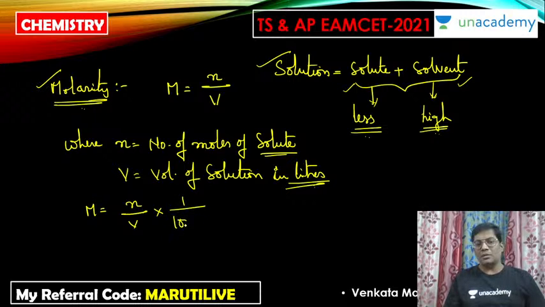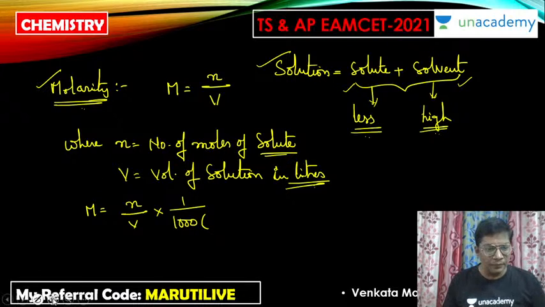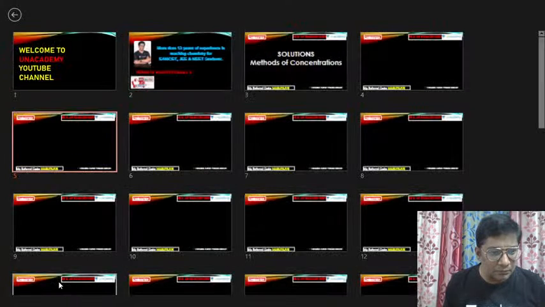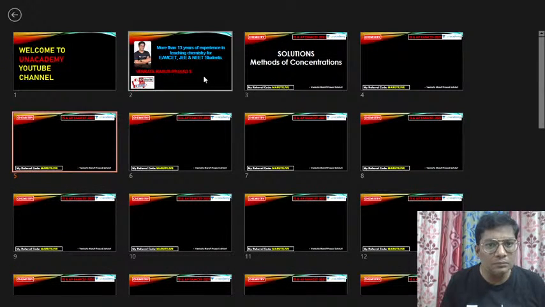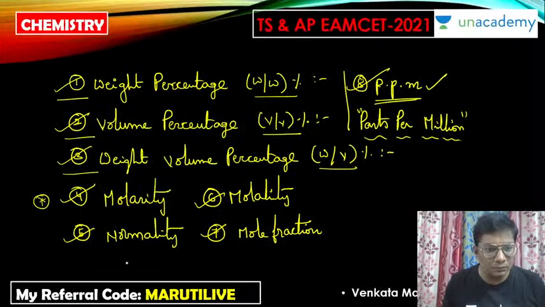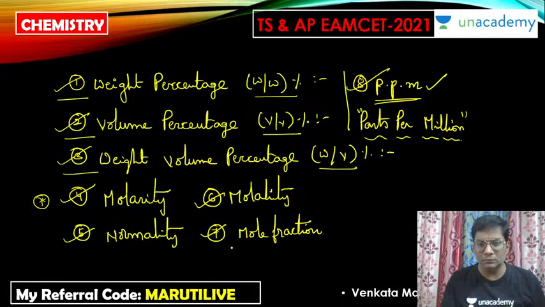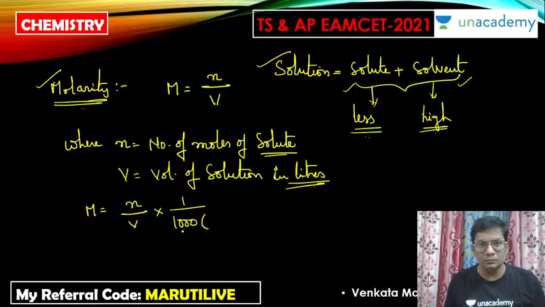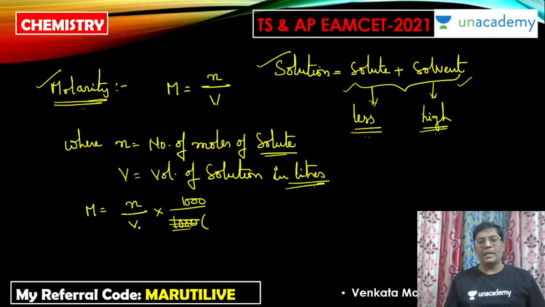If you want to write the volume not in liters but in milliliters, you have to multiply by 1000.